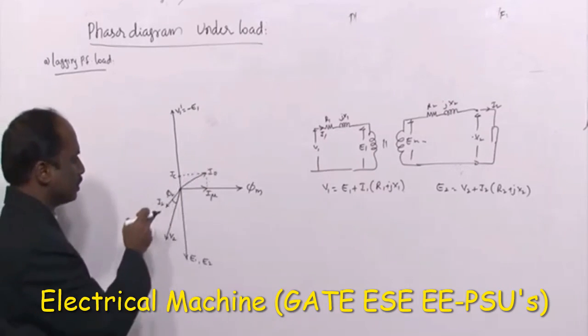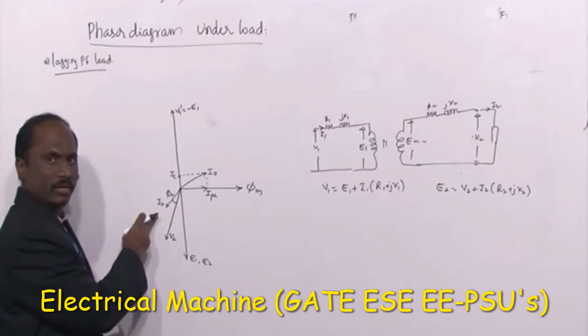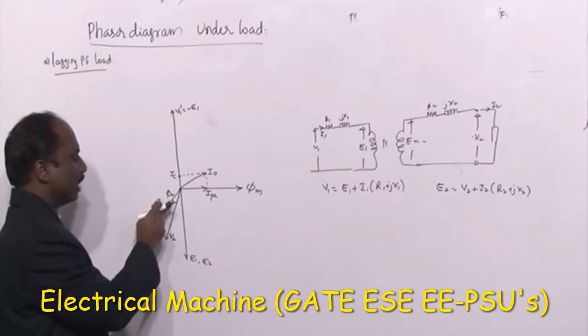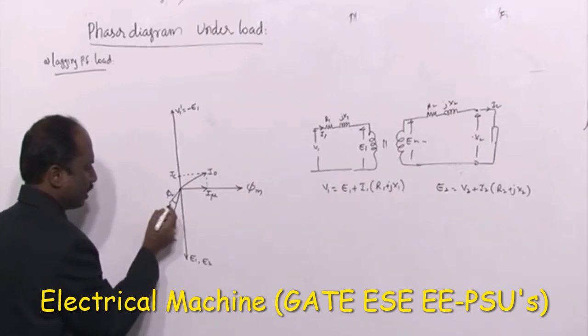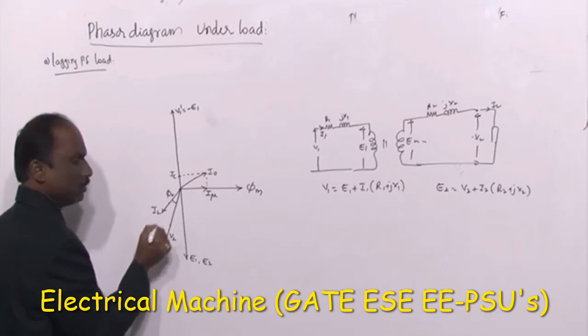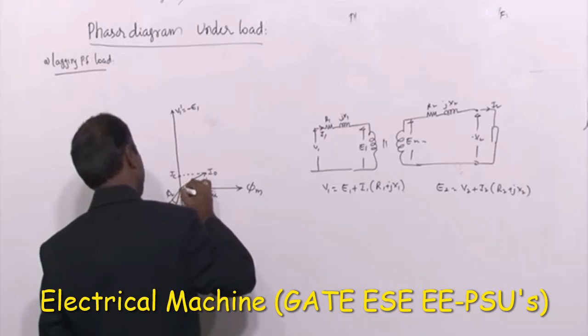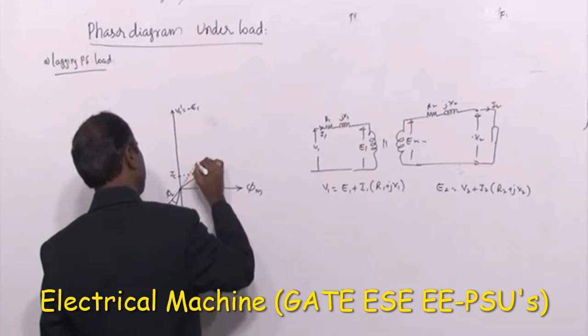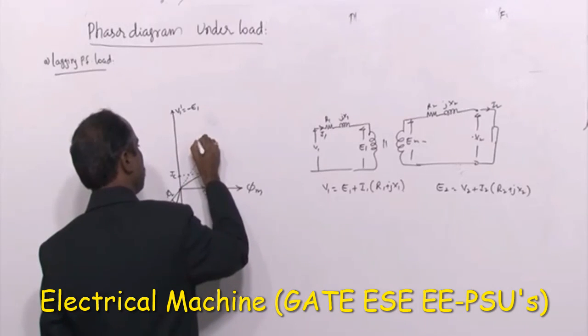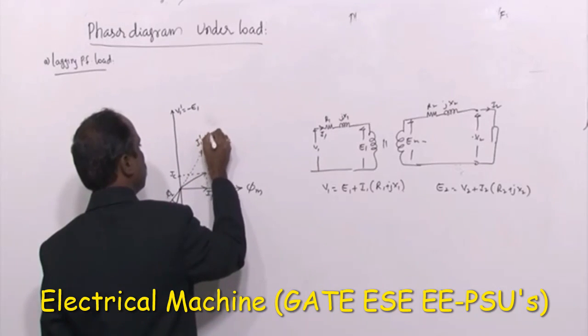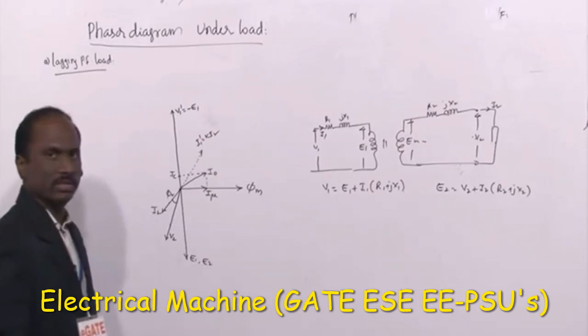Next, when our transformer is loaded, it takes a current of I2 at an angle of phi 2. For example, if we take this one with a larger magnitude, this is I2. So what is the transformed value on the primary side? It is the reverse of this. This value is nothing but I1 dash, which is K times I2. We already derived this.